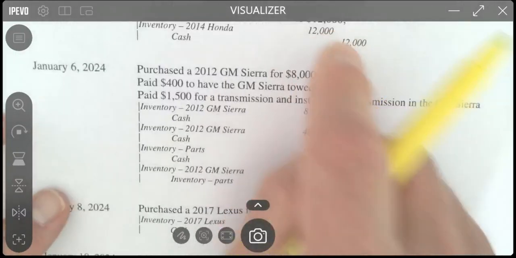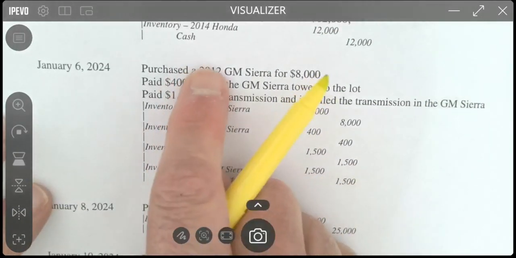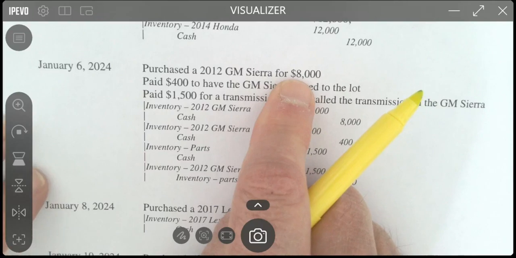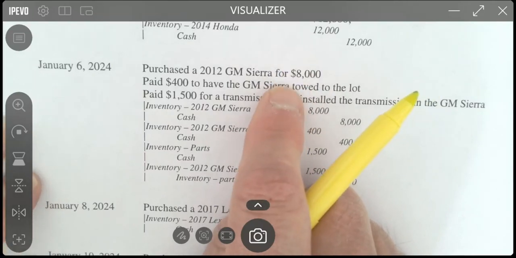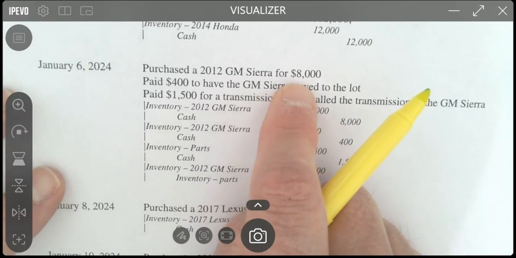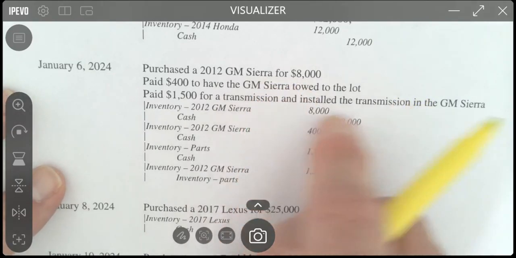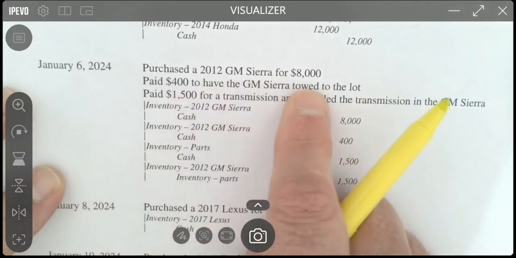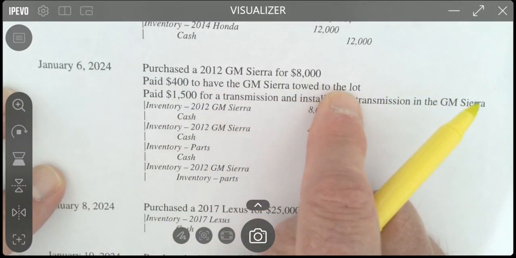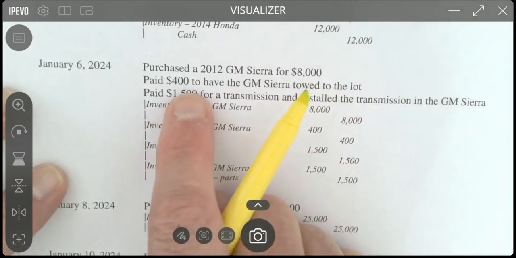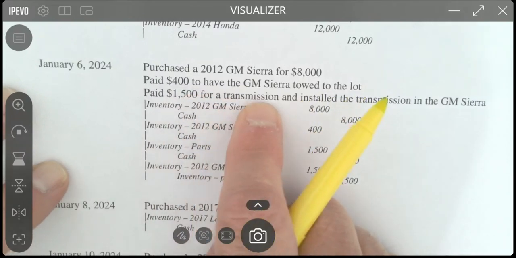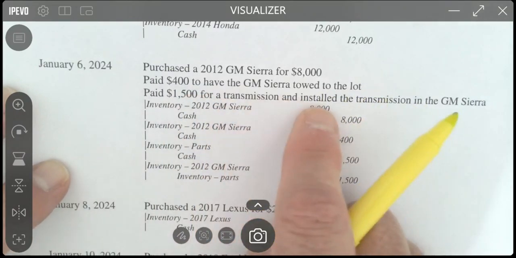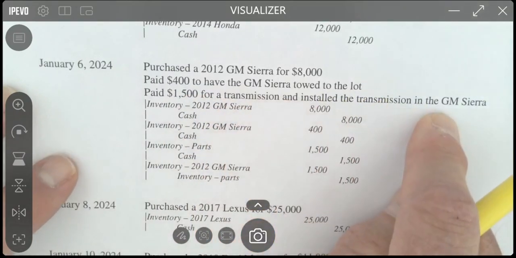2 days later, we purchased a GM Sierra for $8,000. But this Sierra was not ready for sale. We had to incur some costs to ready it for sale. Specifically, we paid $400 to have it towed to our place of business. And then we paid $1,500 for a transmission that we then installed into this GM Sierra.